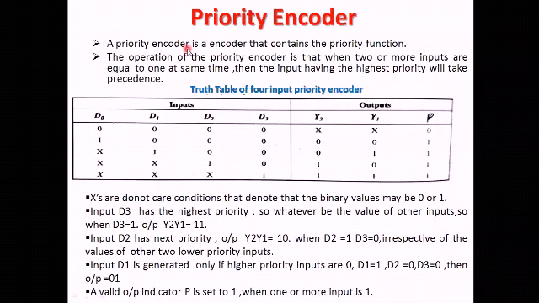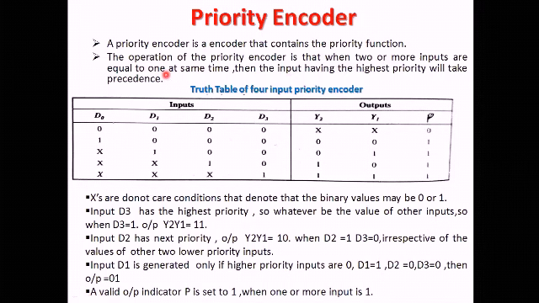Now a priority encoder is an encoder that contains the priority function. This one is the priority function, this P. The operation of the priority encoder is that when 2 or more inputs are equal to 1 at the same time, the input having the highest priority will take the precedence. This is the main operation of the priority encoder.